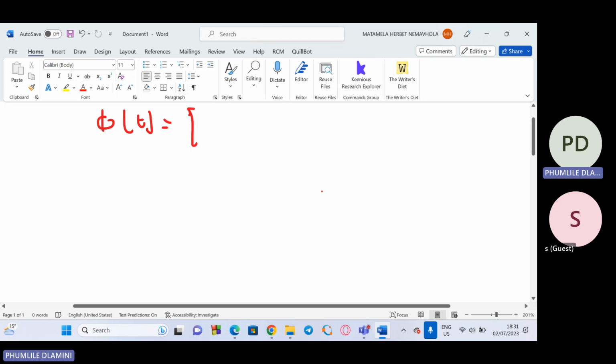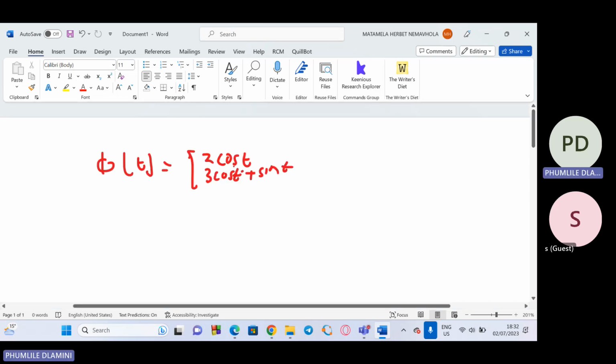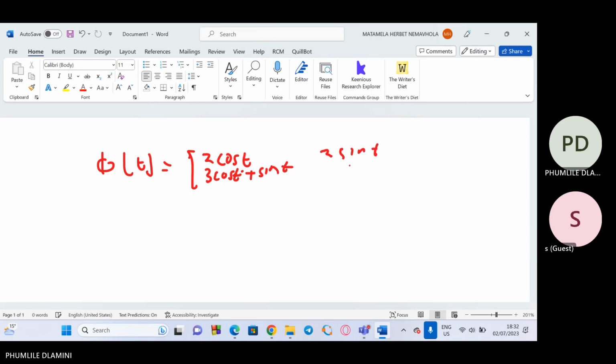So we're going to rewrite it as 2 cos t, and then 3 cos t plus sine t. Then the other side will be 2 sine t, and also 3 sine t minus cos t.